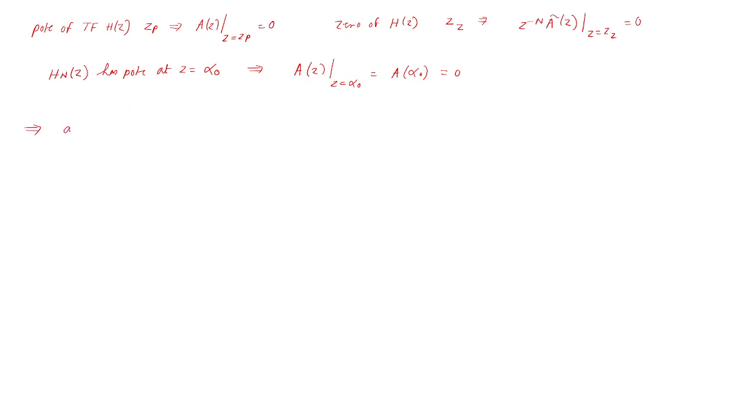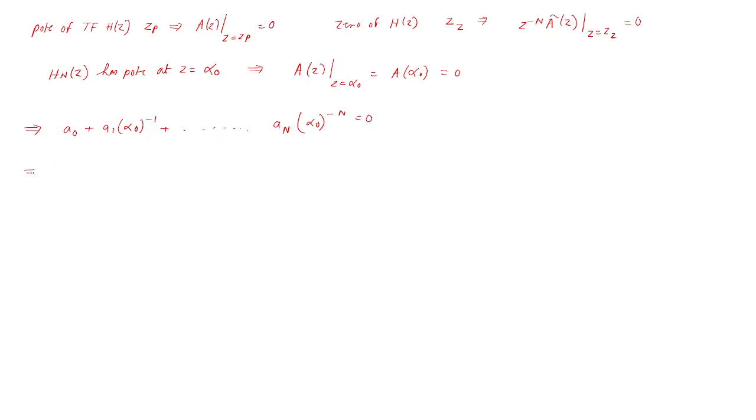So let me write down the expression of A(z) here: a naught plus a1 z inverse, instead of z we will put alpha naught inverse, plus dot dot dot up to the nth coefficient, that is the n plus 1th coefficient, alpha naught to the power minus n, is equal to 0.